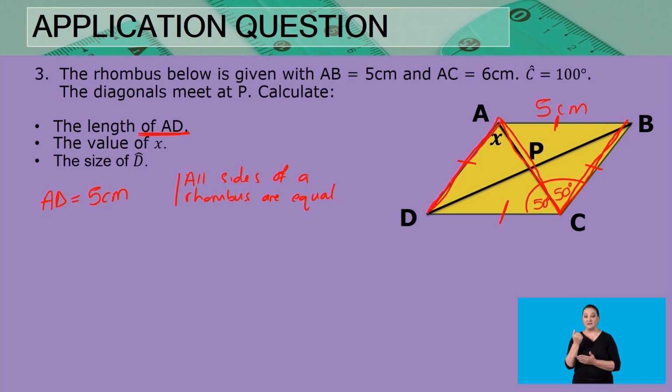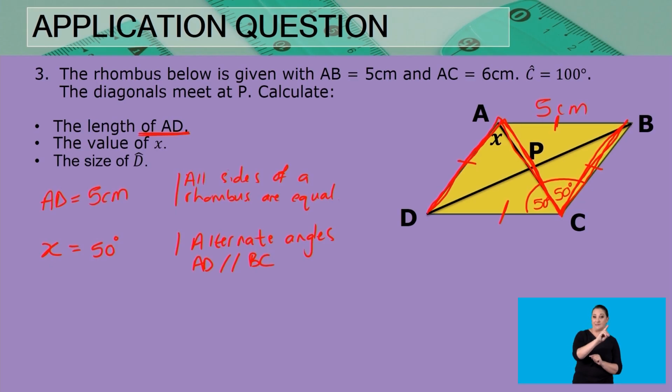And what do we know about alternate angles? Alternate angles are equal. That means that x is equal to 50 degrees, and we can say there that it's because of the alternate angles, and this is simply because AD is parallel to BC. That is just one of the ways that we could have calculated that.